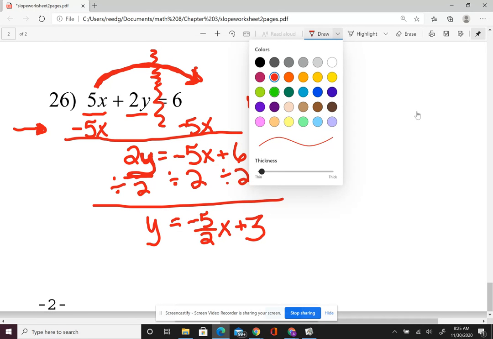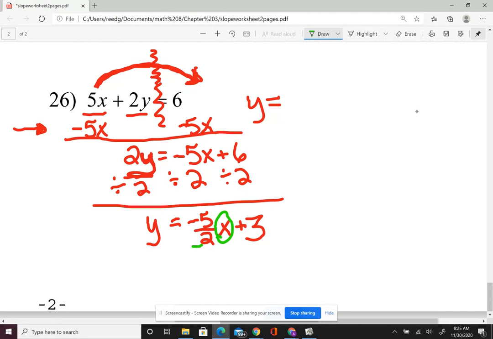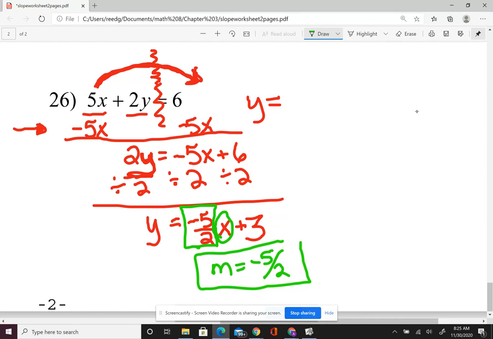And here's our x. Here's our number in front of the x. So our slope is negative 5/2. Okay, so that is going to be the hardest thing, is solving for the y.